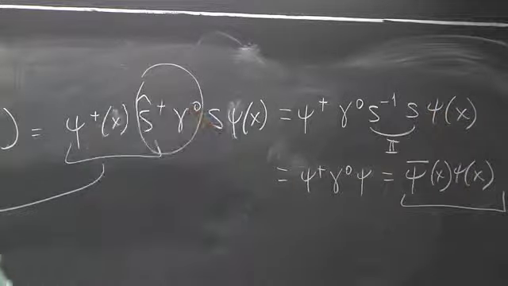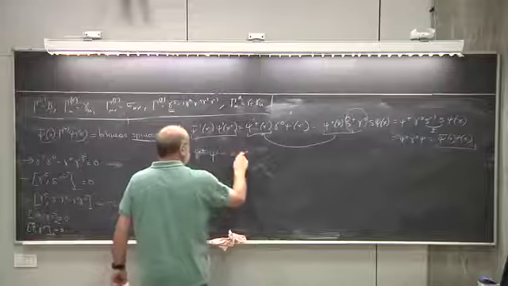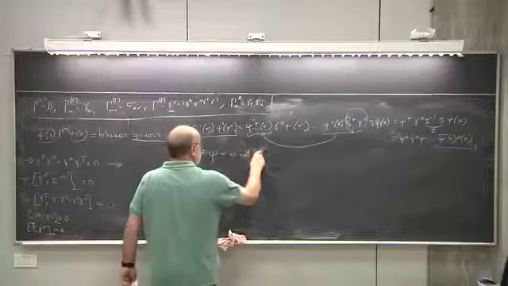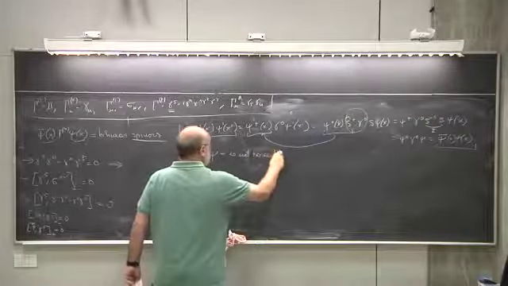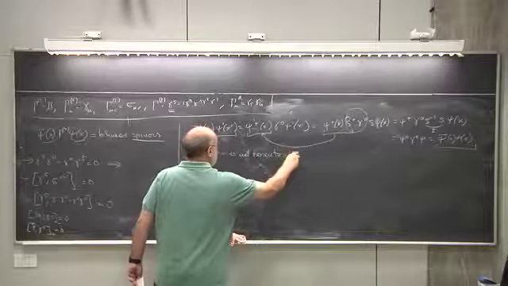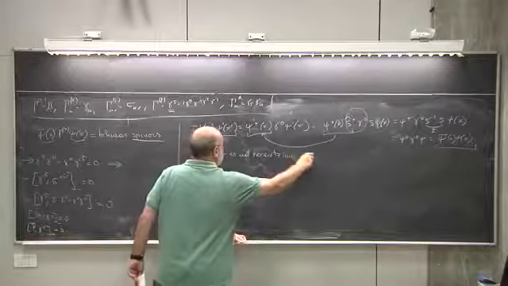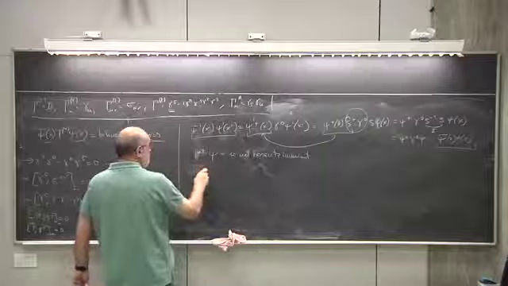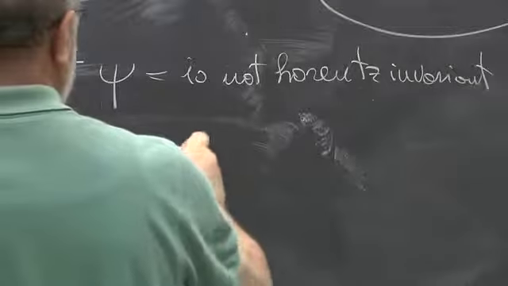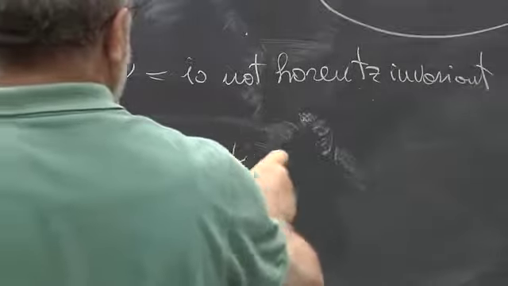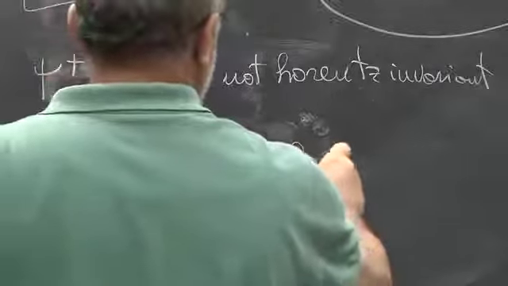So this is not Lorentz invariant. While this one, psi bar psi, that is psi dag gamma 0 psi, is Lorentz invariant.